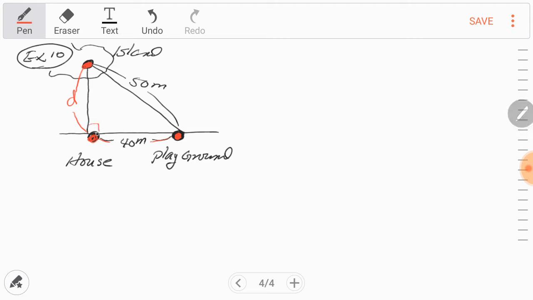So this is a right triangle. Since this is a right triangle and two side lengths are given, we can use the Pythagorean theorem. Do you remember the Pythagorean theorem? Okay, it's a long spelling.